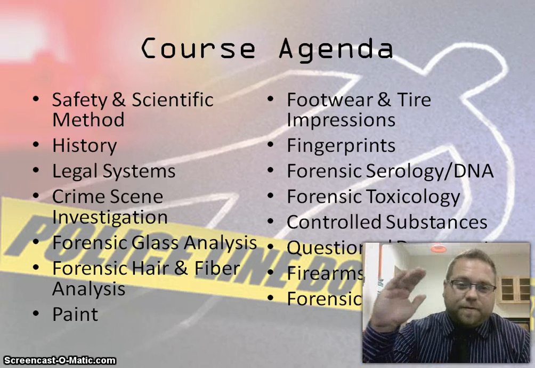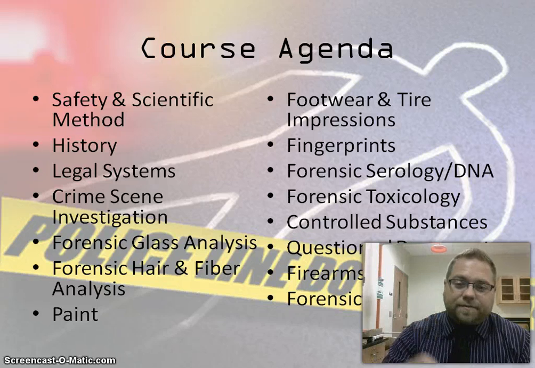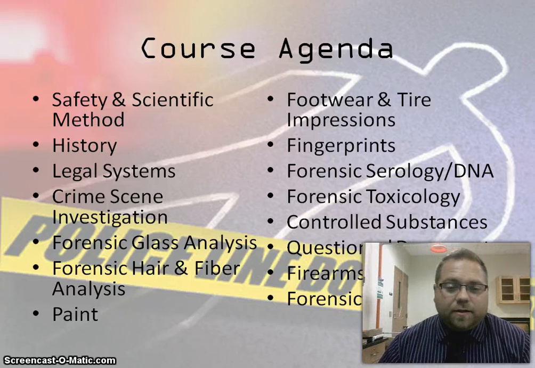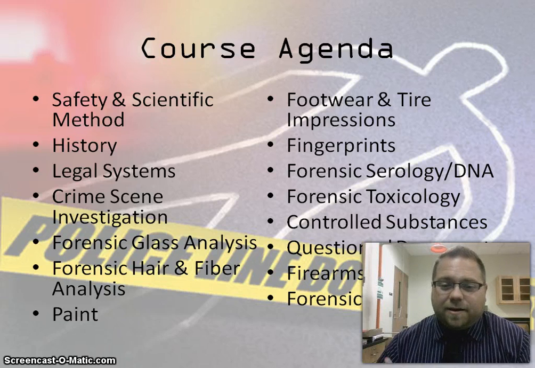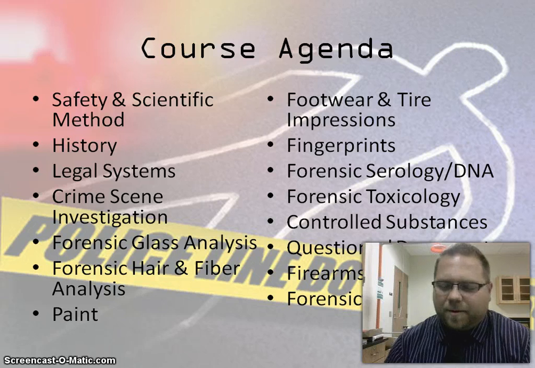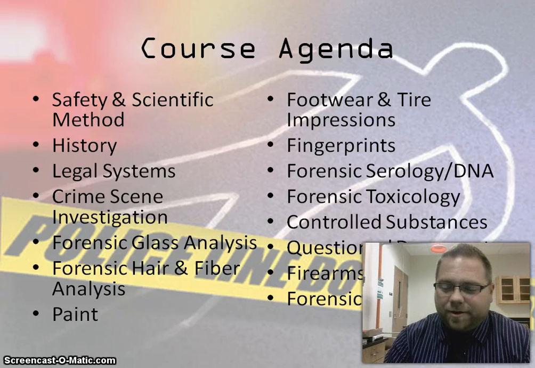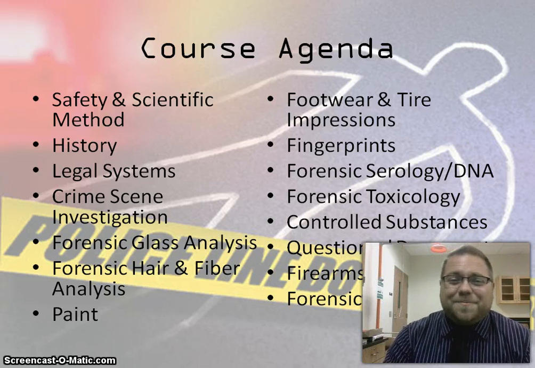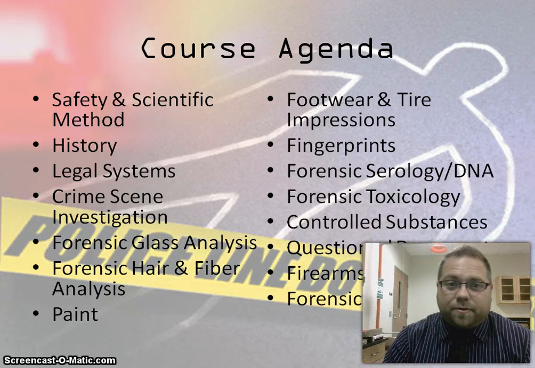We'll go through a broad view of it, and then get into very specialized areas where we're going to be learning about ballistics and blood splatter, which a lot of kids have asked me about for some reason, and I'm slightly disturbed by the question every time. But that's an overview of what we hope to get to as we go through the year.